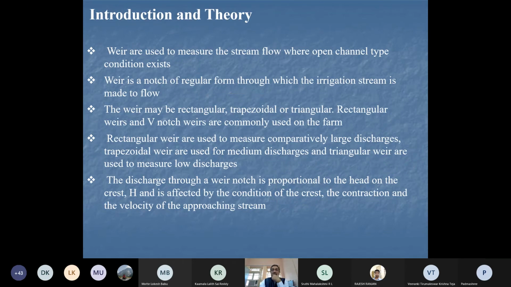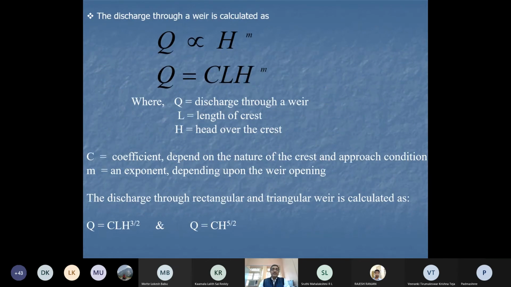Now you have gone through the theory. I assume that I have supplied it, and in theory classes we also learned how to measure the discharge from weirs, how to estimate it. So this is the Francis formula. You know that discharge is proportional to head to the power m, and in equality condition discharge is equal to C, a coefficient depending on the nature of the crest and approach condition of the flow.